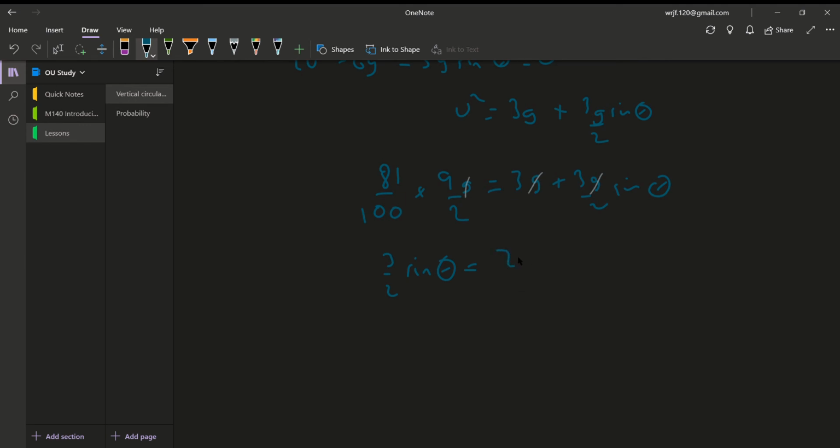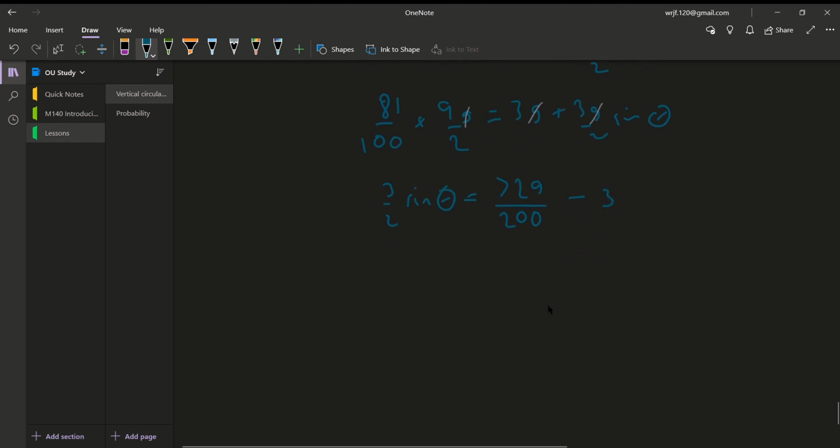That looks like a 2. 729 over 200. Doesn't look much like a 7 still, does it? Sorry about that. Minus 3. Got everything right there? Yeah, that looks okay. So 729 over 200, take away 3, that's 129 over 200, isn't it?